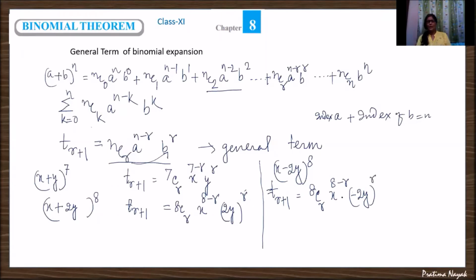We know that negative to the power even is positive, and negative to the power odd is negative. But we don't know whether r is even or odd, so we keep a provision for all the terms. We separate (minus 1) to the power r, then write the remaining: 8Cr x to the power 8 minus r into (2y) to the power r. Depending on the value of r, this (minus 1) to the power r will be positive or negative.